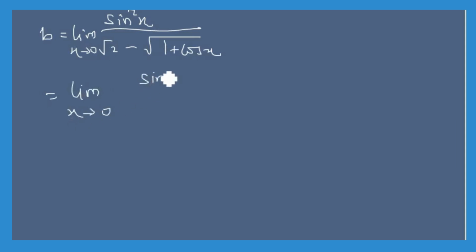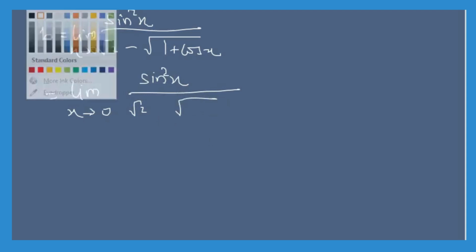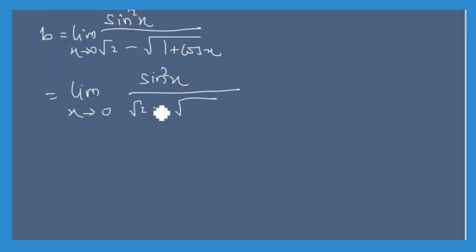So I write this as sin square x by root 2, and 1 plus cos x, here minus sign is there. 1 plus cos x is 2 cos square x by 2. So that is the multiple angle formula.